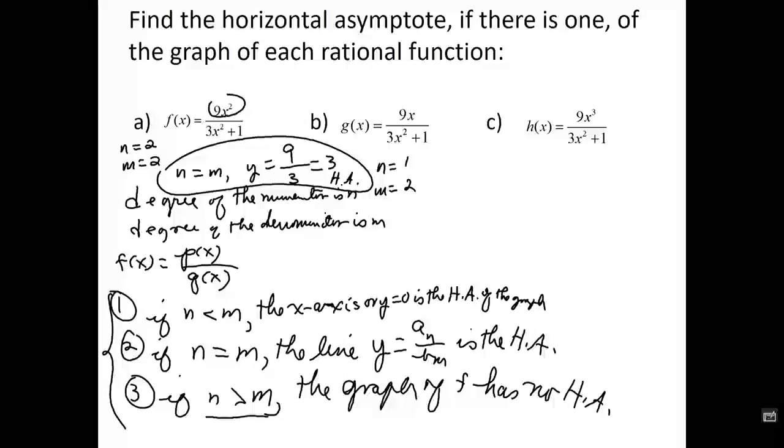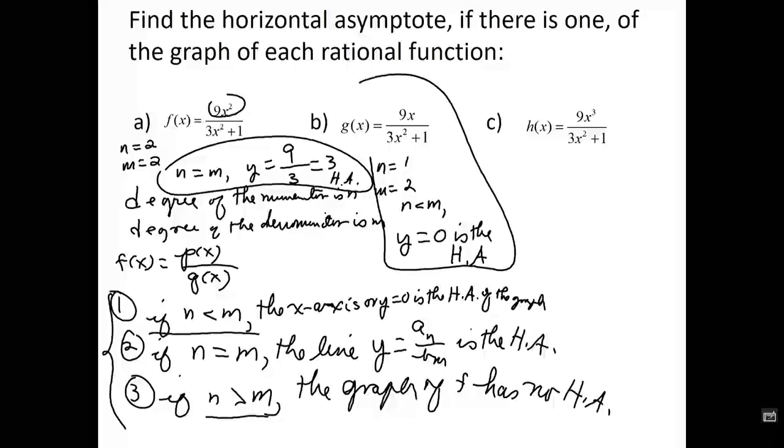So n, in this case, is less than m. So if n is less than m, we conclude that the line y is equal to 0 is the horizontal asymptote in this case.